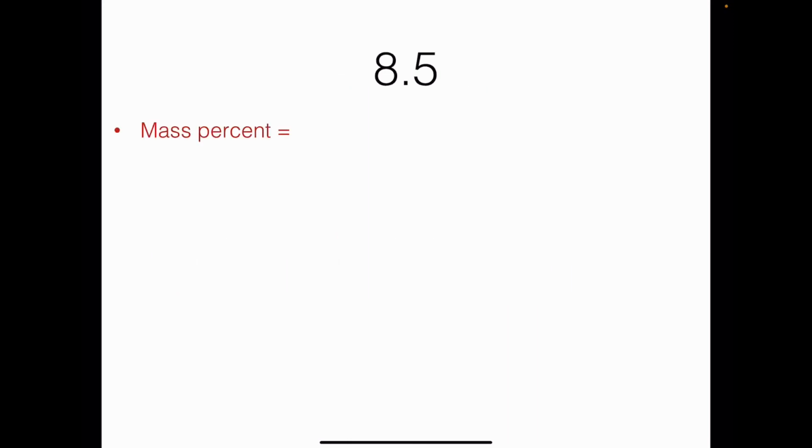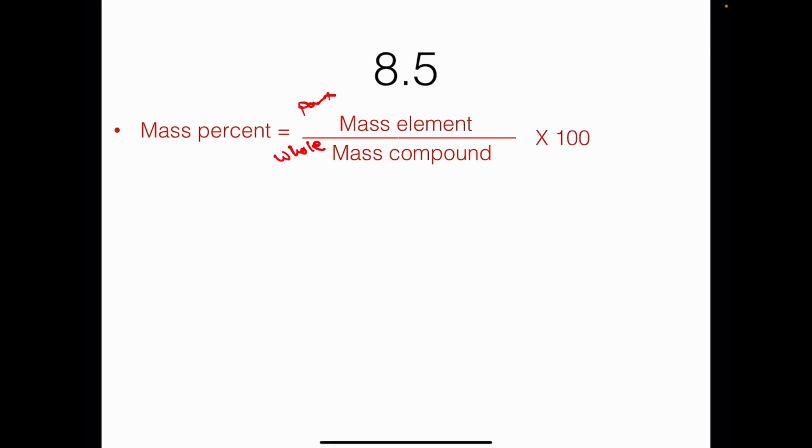So mass percent, anytime you're talking about a percent, you're talking about the part over the whole, and mass percent is no different. The part is the mass of the element. The mass of the compound represents the whole. So I'm looking at just the mass the element takes up out of the mass of the entire compound. That's what mass percent represents. And don't forget to multiply it by 100 to represent that we have a percent.